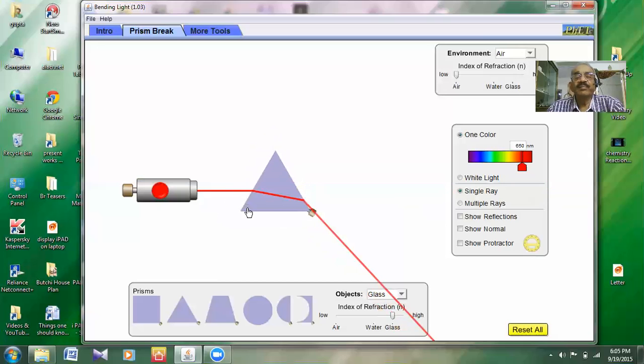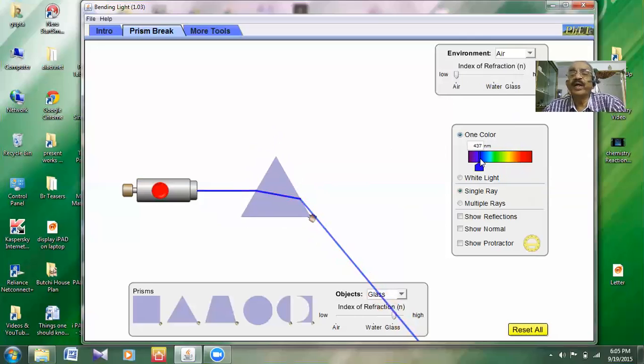Here the environment is air to glass. So here, which color you want, suppose you want the blue light, the angle of the refracted ray is different altogether. Now for the same incident ray, as the angle changes, see, it is slightly varying.